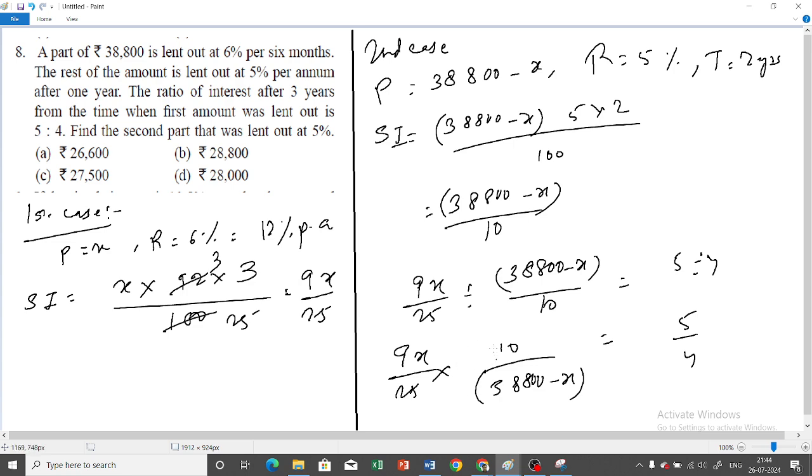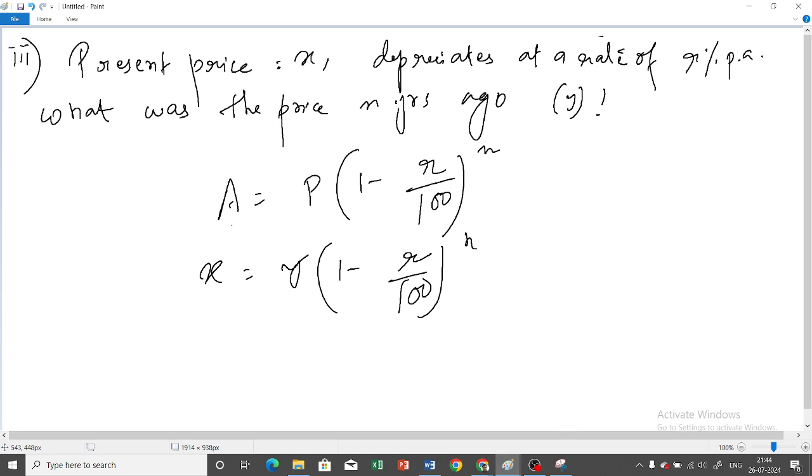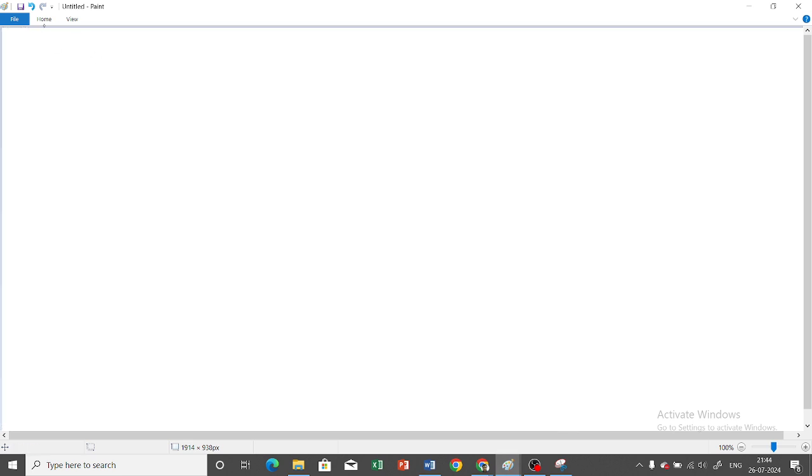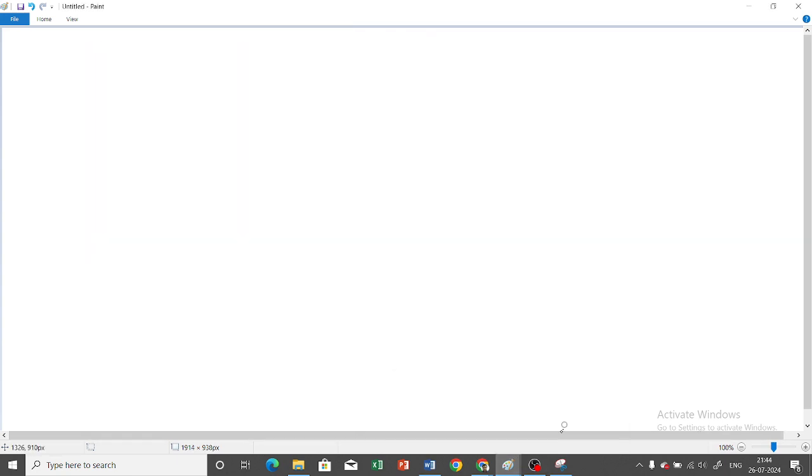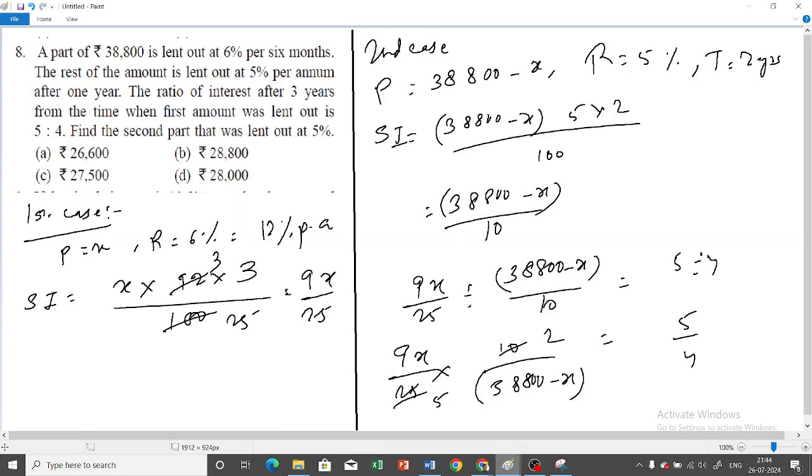So just need to do 5 2s are 10, 5 5s are. Just the rest is solving it.